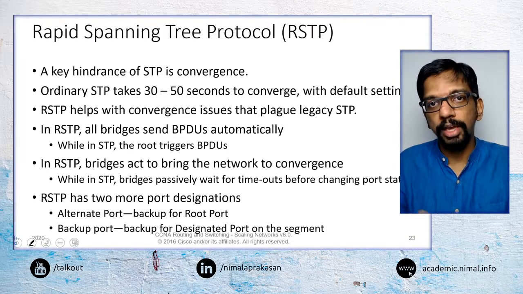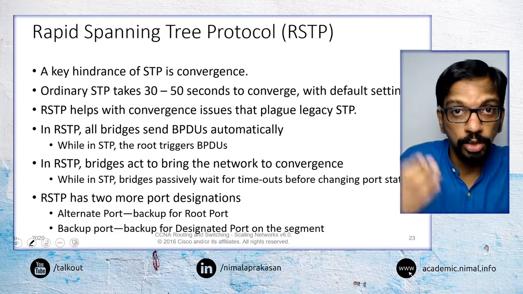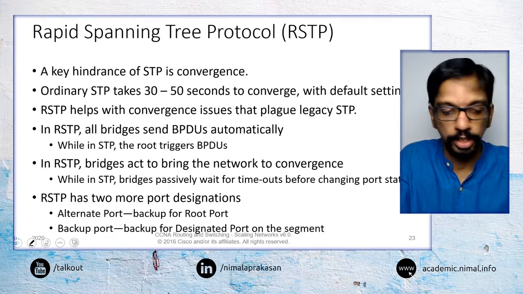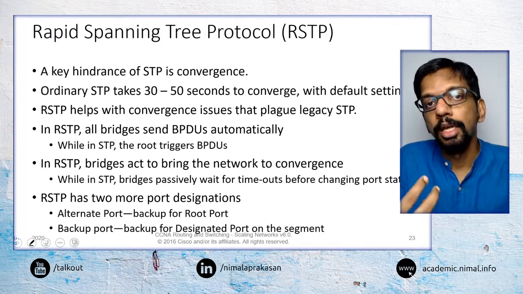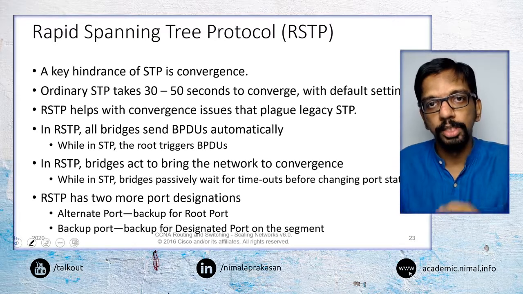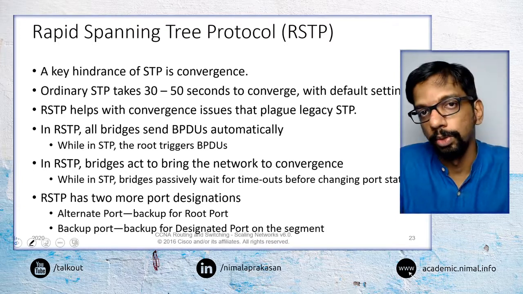So if one link fails, it can switch over to the other one and still keep on functioning within the same arrangement. So that is the main difference in RSTP. So it can lead to convergence much more quickly than in the simple STP protocol.